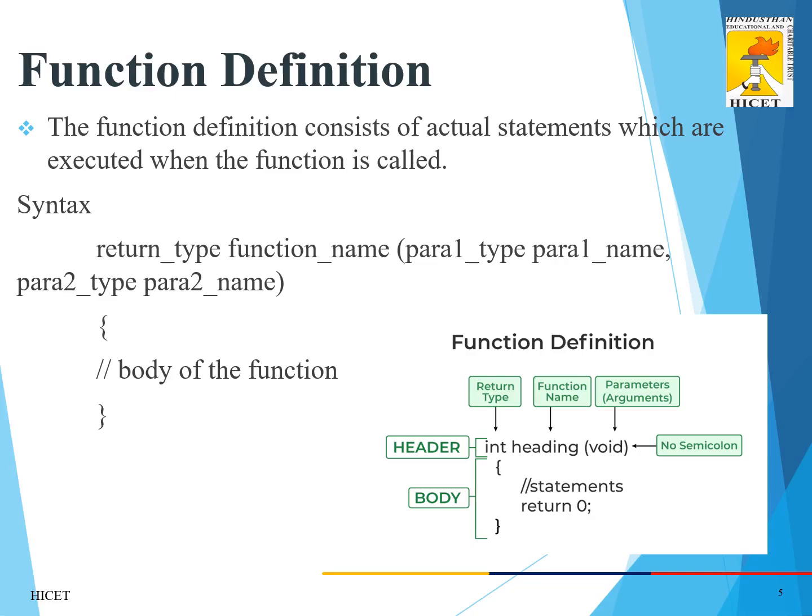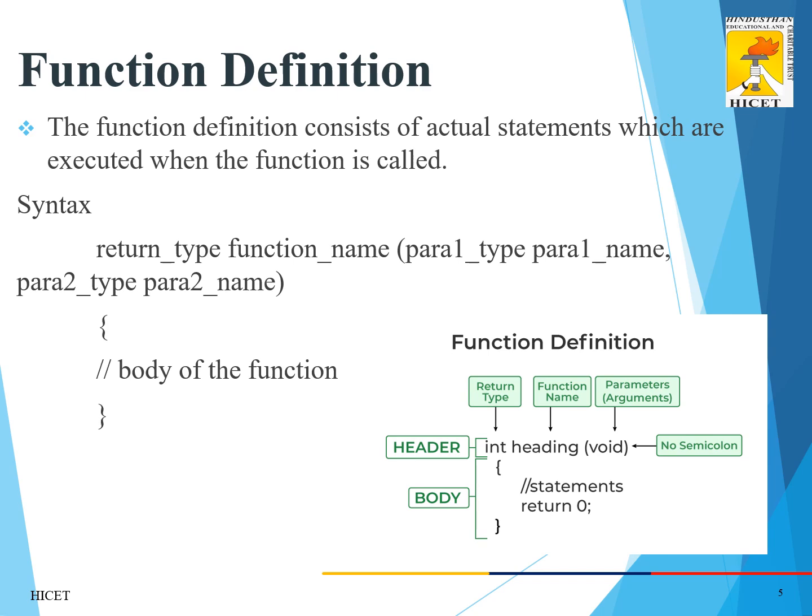Let's break it down. Return type tells what type of value the function will give back, like int, float, or void, if it does not return anything. And then function name is the name we give the function, for example, sum, add, etc.